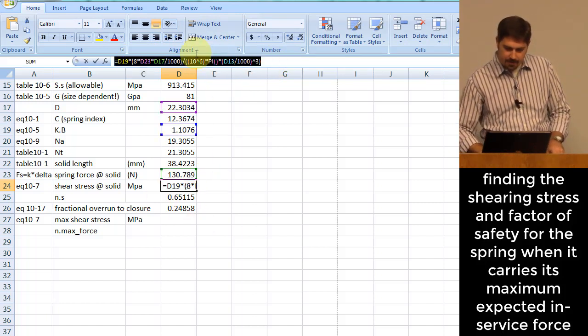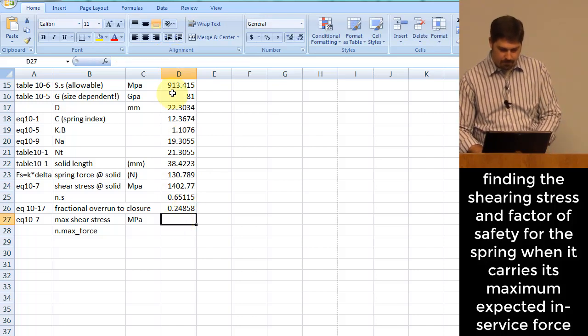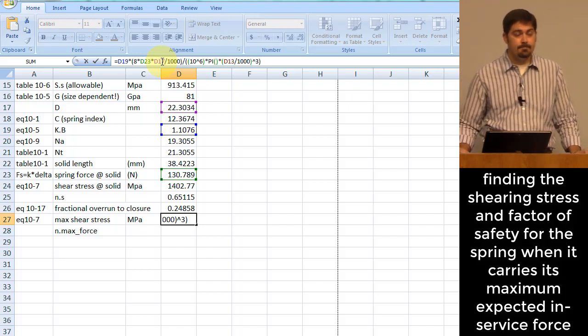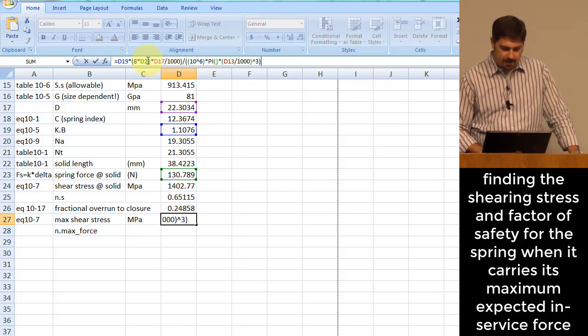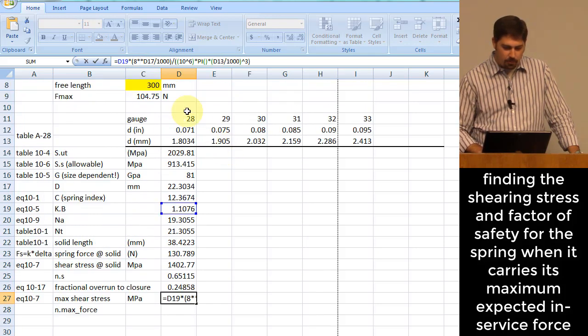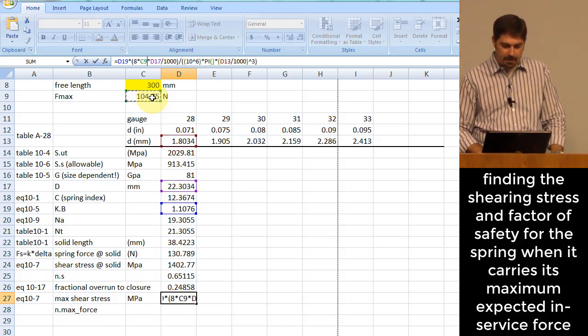I want to get all of this stuff and do what with it? Put it right here. What do I change? Okay. Right, so instead of the spring force at the solid height, I need to put this D23 and instead change it to the amount of force that I have at my maximum during my normal operating, right? So I'm going to put in this value, and then I probably want to lock that in.